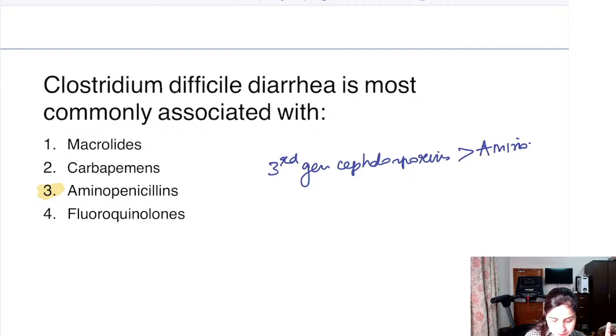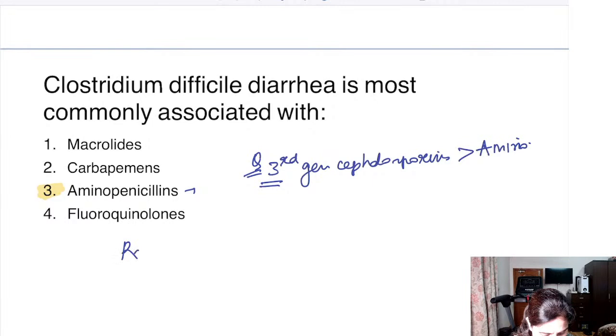Aminopenicillins are notorious, but third generation is the most common, then aminopenicillins and others. So for drugs causing pseudomembranous enterocolitis, Clostridium difficile, these options can be asked.